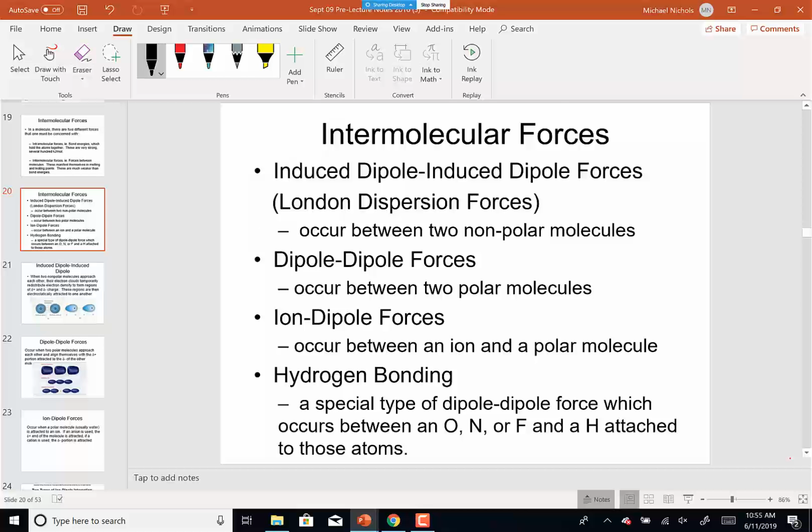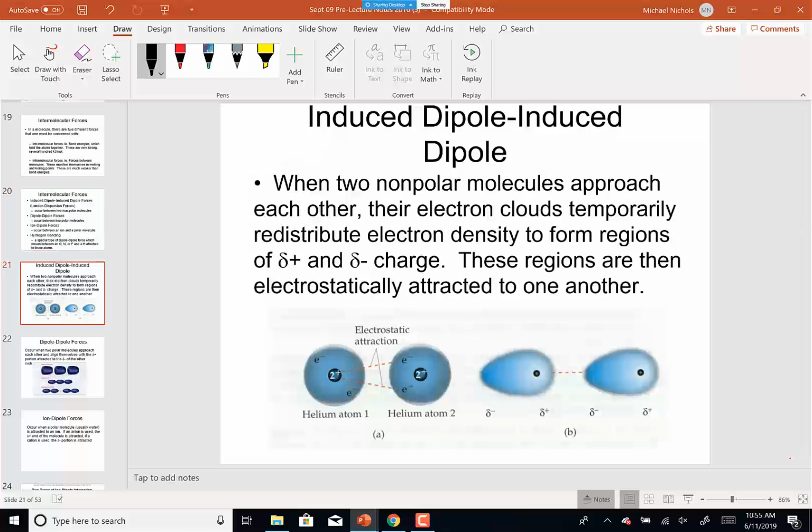What's induced dipole? Induced dipole occurs between either two atoms that are the same, like hydrogen or two chlorine atoms.